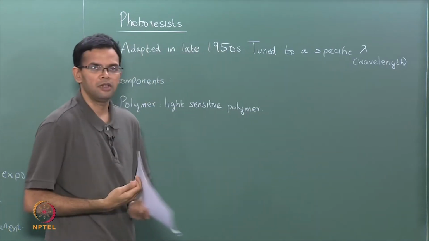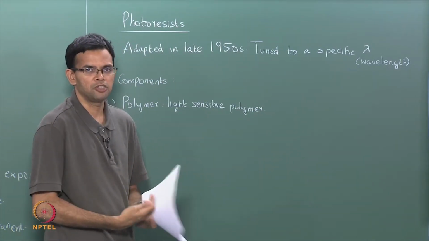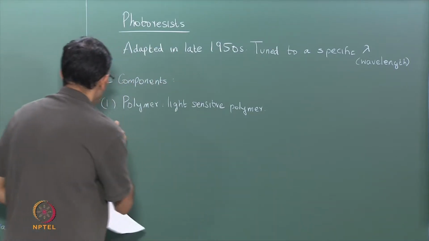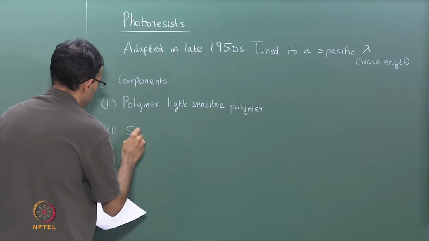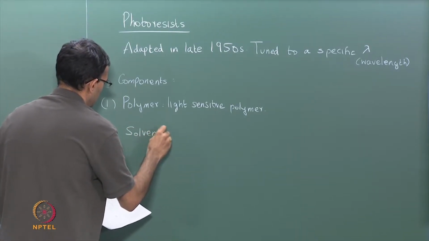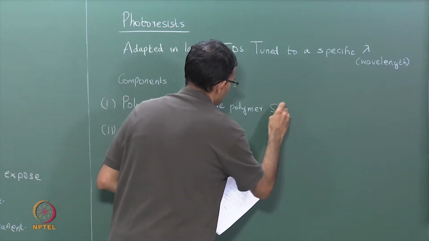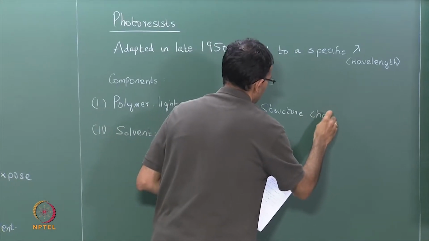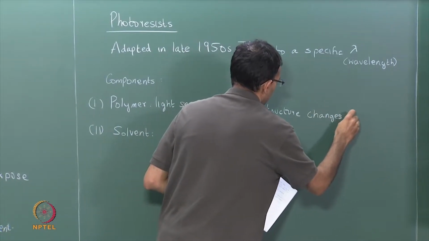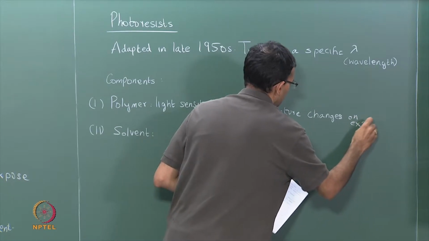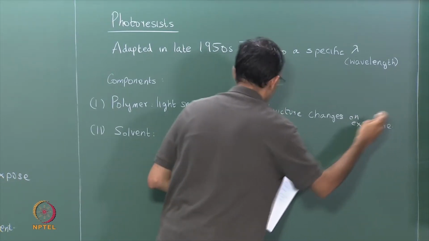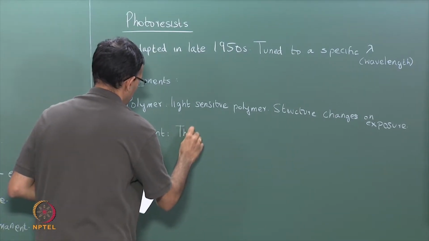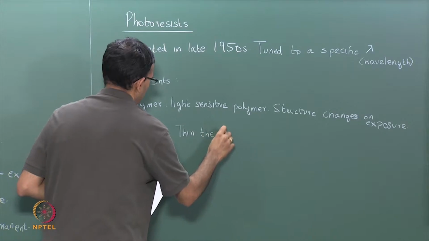So this is the material whose structure will change on exposure to light, which is why you have the term photoresist. So let me say structure changes on exposure. Then you have a solvent which is used to thin the resist.